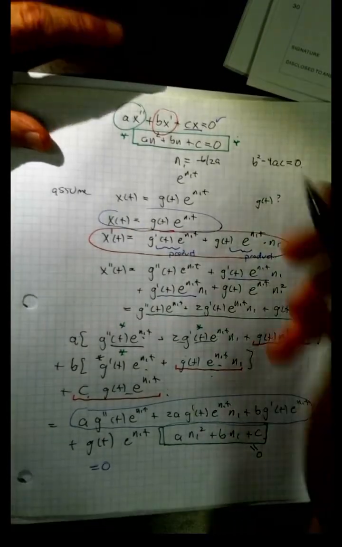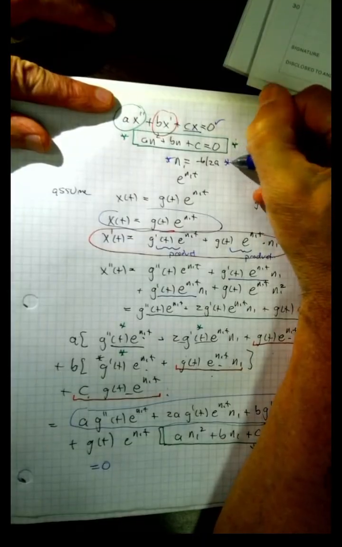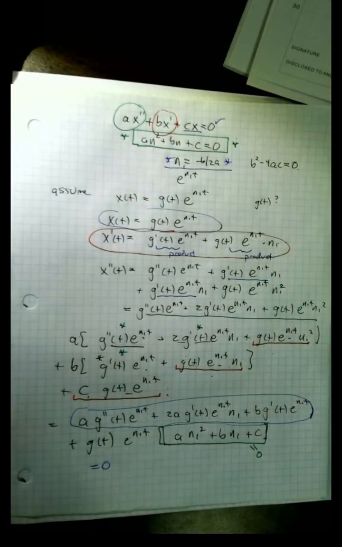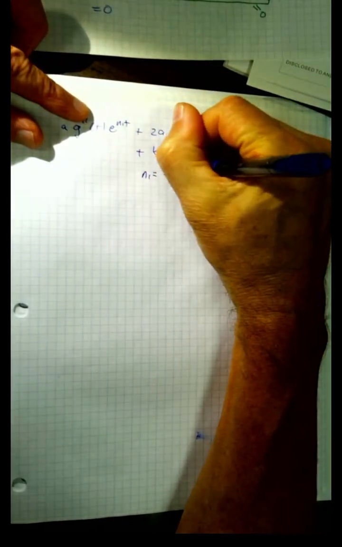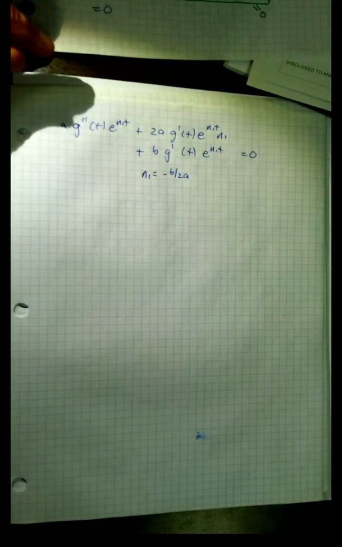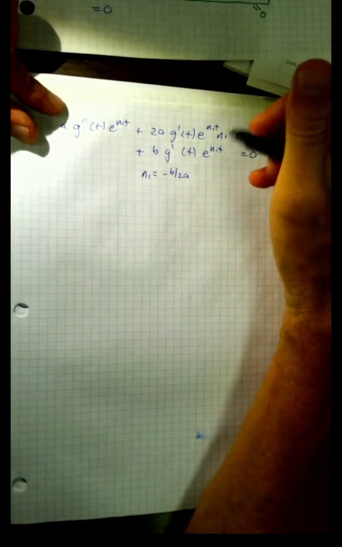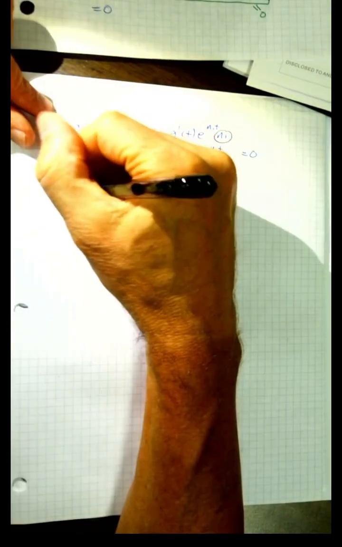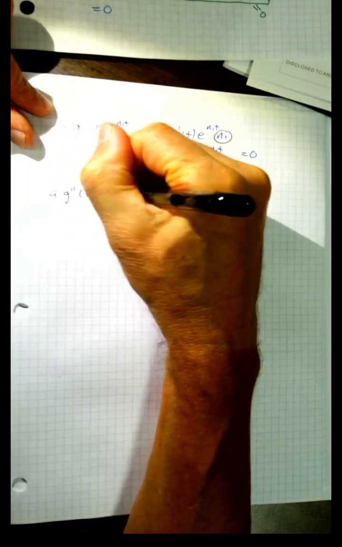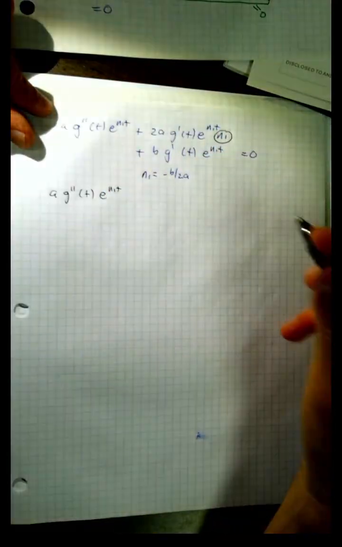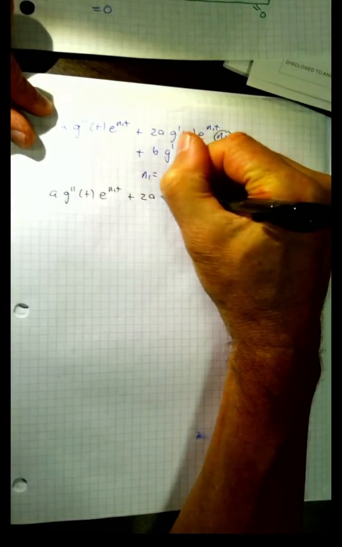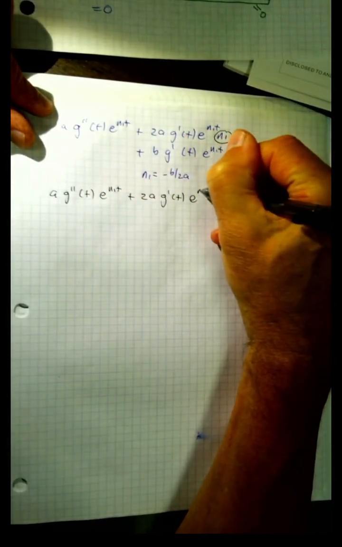I also know my n1 is minus b over 2a. So I can take advantage of that and bring this in right there. So I'm going to have a g double prime e to the n1t plus 2a g prime e to the n1t.